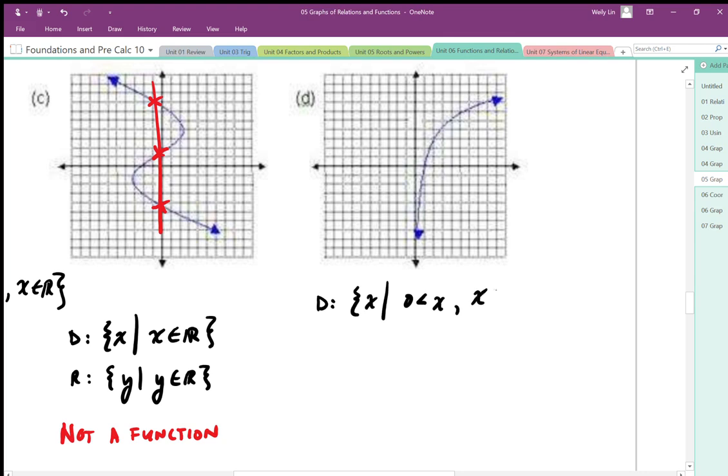And to show that it is continuous, we say that x is all real numbers. For the range, y is going to go all the way to negative infinity, and it keeps on going up to positive infinity, so we just say that y is all real numbers.